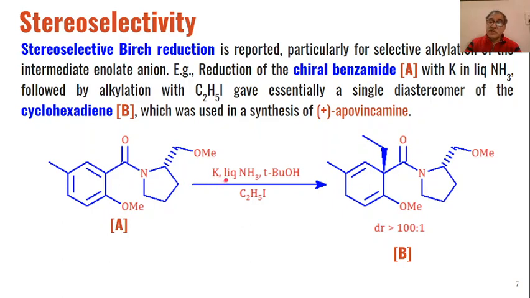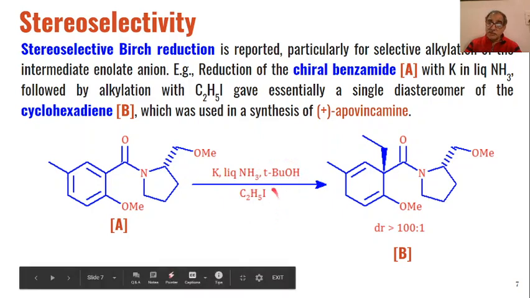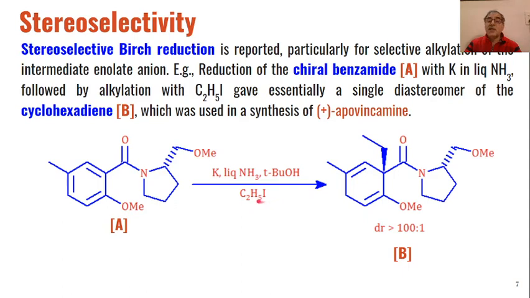When this is reacted with potassium metal in liquid ammonia in presence of tertiary butanol, and we are using alkyl halide in addition also. So when we use alkyl halide, that means the initially formed product in the Birch reduction will undergo further alkylation to give us the alkylated product.